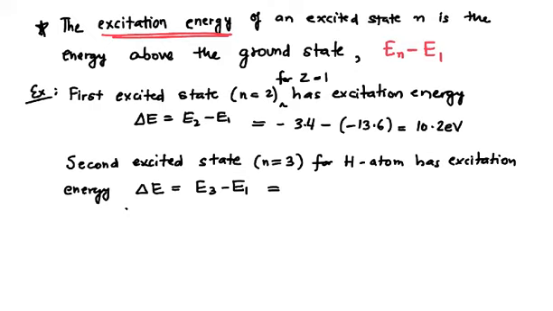Remember those earlier formulas for frequency and wavelength, but let me show you something a little different about the excitation energy of an excited state n. If you have to calculate the excitation energy, it will be E_n of a particular state n minus E_1.